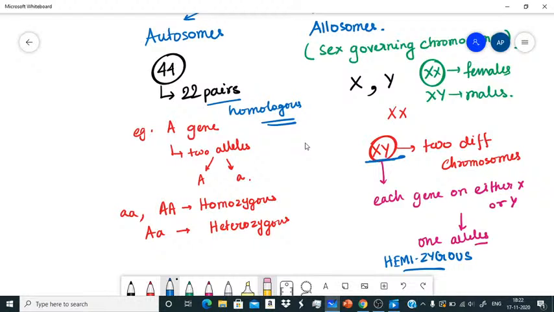So hemizygous condition is only seen in case of human males who have the XY situation, right? All right. So if we are clear with this much, or if we are done assimilating this much of knowledge, let's go further.